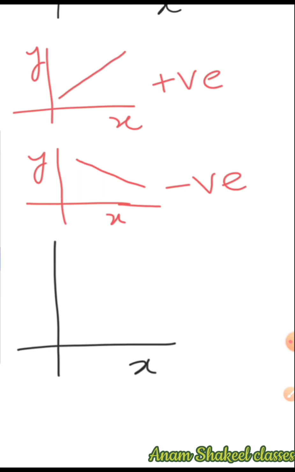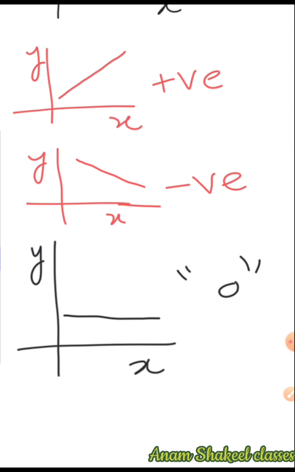If a line is exactly parallel to the x-axis, the gradient of this line will always be 0, because there is no change in y, so the numerator is 0, and if the numerator is 0, the answer will always be 0.